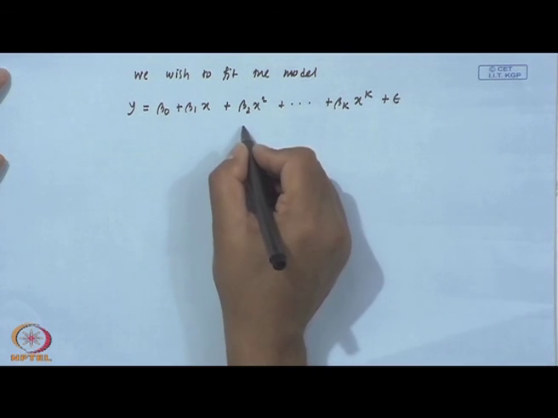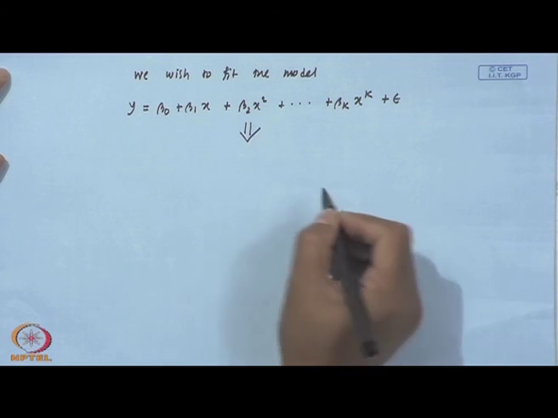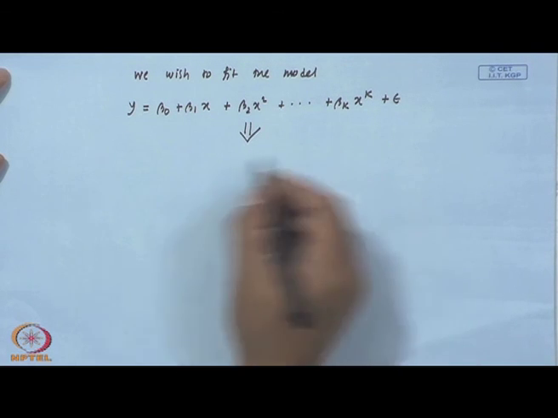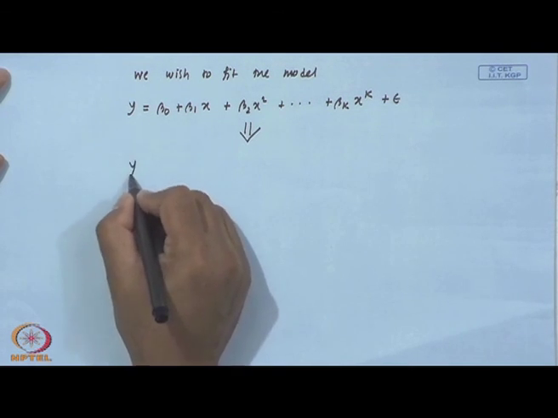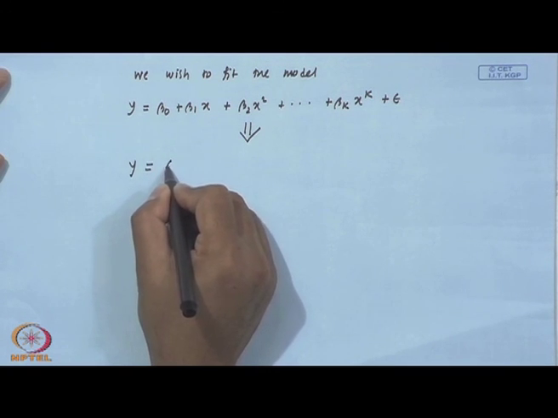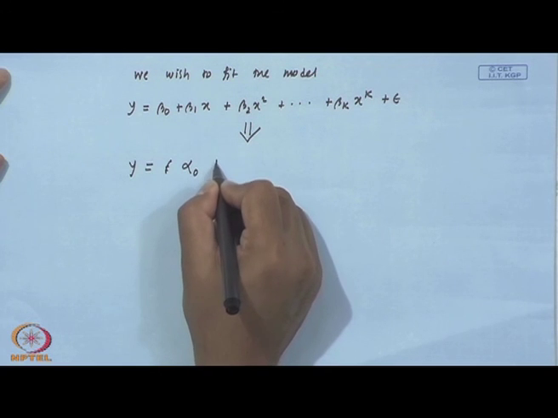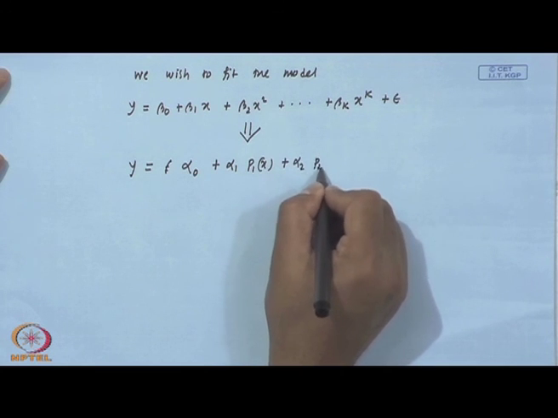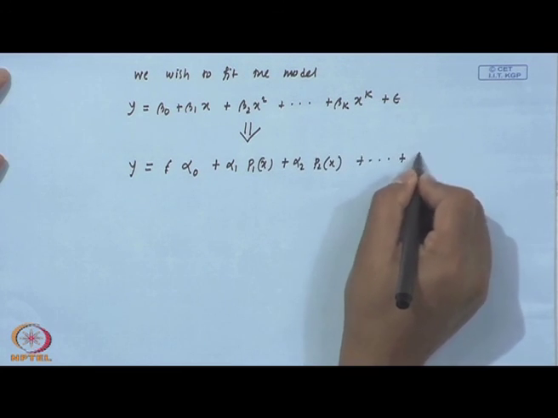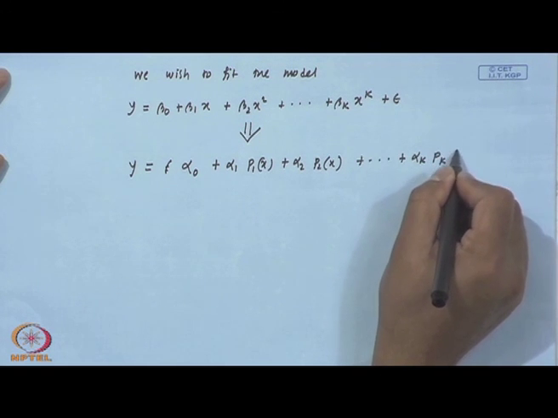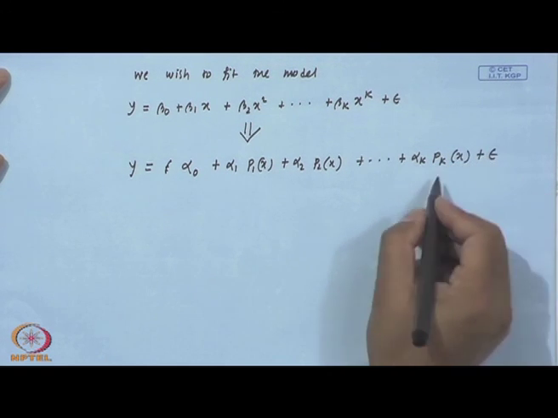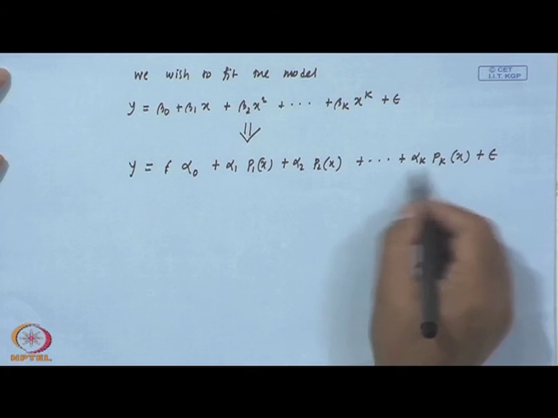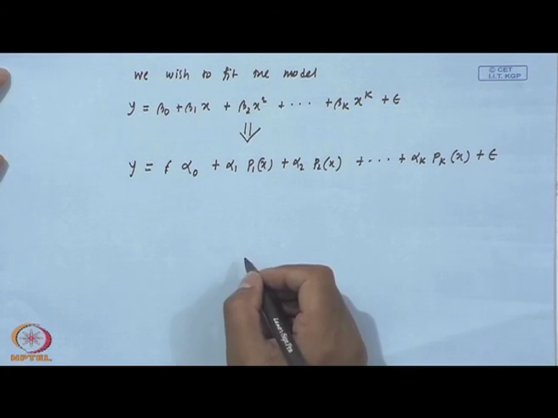What we learned there is that instead of fitting this model, there are several advantages if we go for polynomial fitting using orthogonal polynomials. So, instead of fitting this model, we fit y equal to alpha naught plus alpha 1 p 1 of x plus alpha 2 p 2 of x plus up to alpha k p k of x plus epsilon. Here p k of x is the kth order orthogonal polynomial, and of course, they are all orthogonal polynomials.